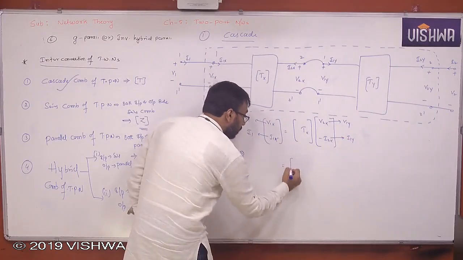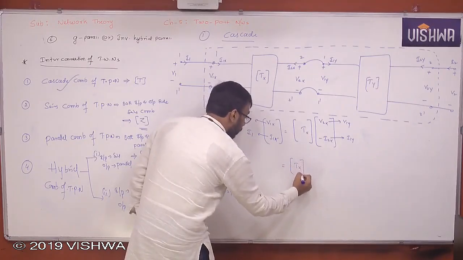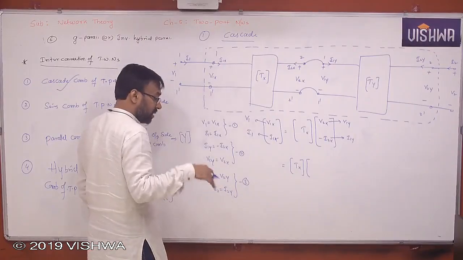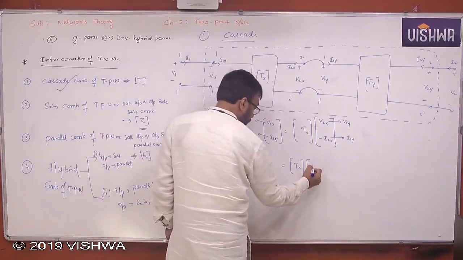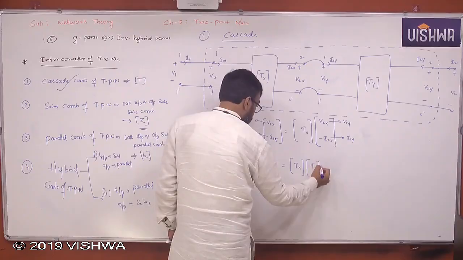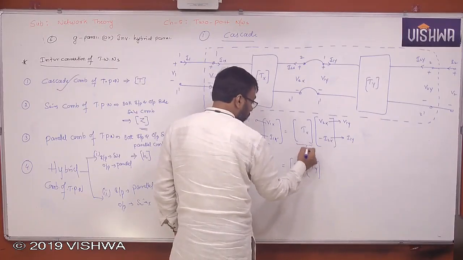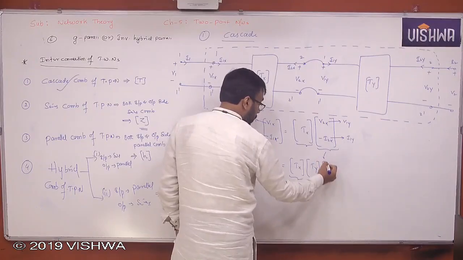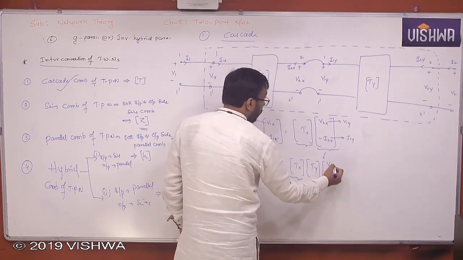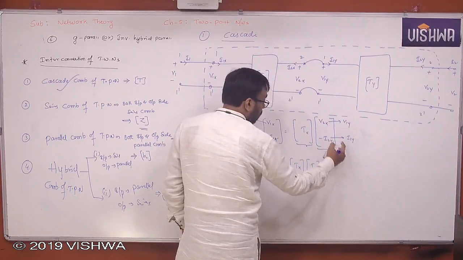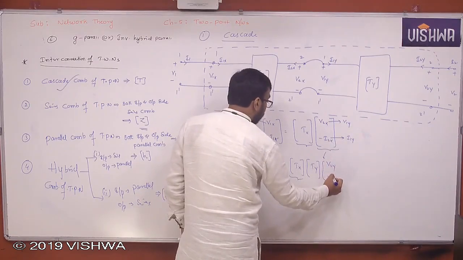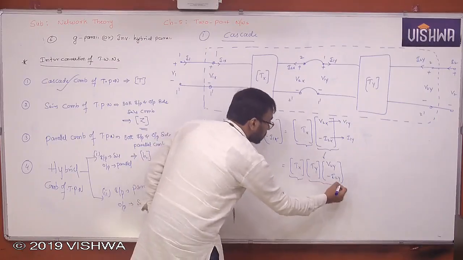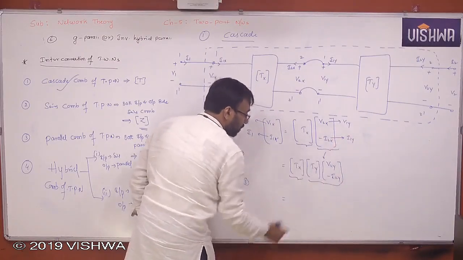Then you will get Tx into, what is V1y, I1y? V1y, I1y is equal to Ty into V2y, minus I2y. This part is same as it is, but this part now I am replacing. You already know that V1y, I1y is replaced by this.